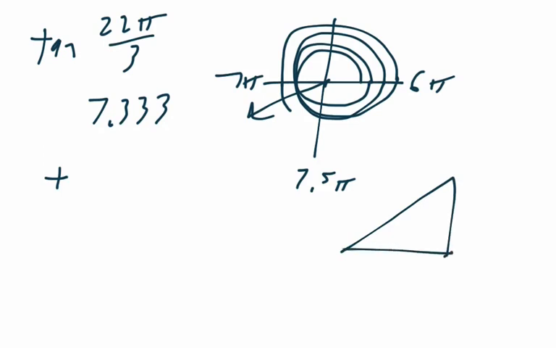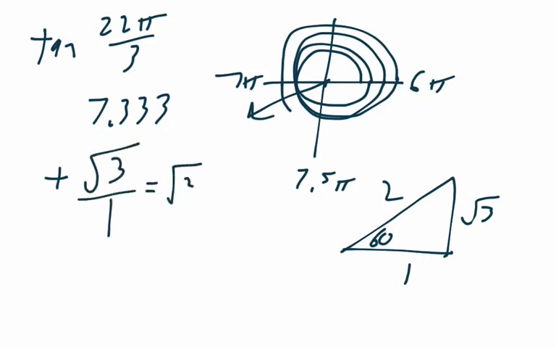Now once again, I have a 30, 60, 90, except 60 is my reference angle. And this over here is the square root of 3, so the opposite over the adjacent, which is the square root of 3.